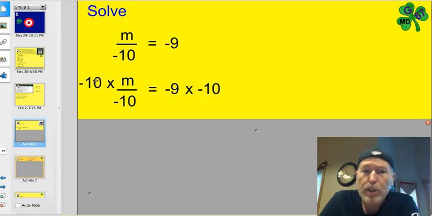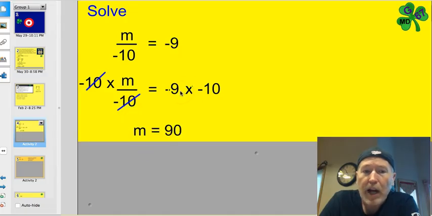So I'm going to multiply both sides by a -10, or if you want to think of it as -10 over 1, you can do that. But when you do that, these -10s here cross off and you've isolated the variable. On this side, you still have to take a -9 times a -10. That's a negative times a negative. It gives you a positive answer of 90. m is equal to 90.